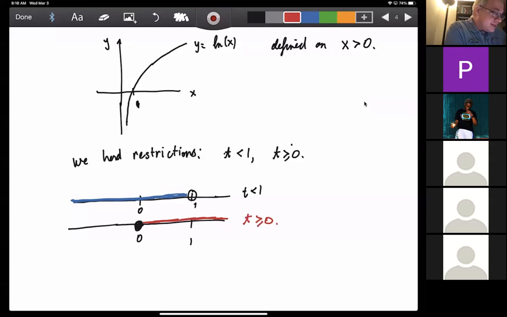So the set where all of these restrictions are satisfied is going to be the domain where you can actually evaluate your vector function, right? To evaluate your vector function, you have to be able to evaluate every single component. So we can see we've got both red and blue here for t bigger than or equal to 0 and t less than 1.